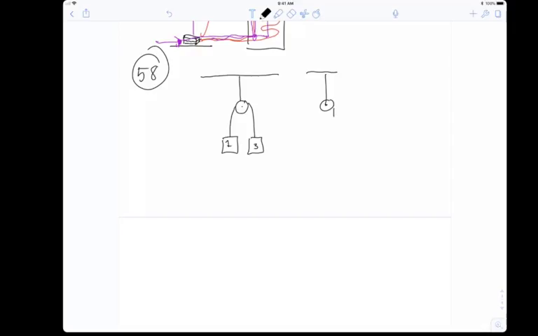So this one has gone down a certain height. That height is 0.53 meters.